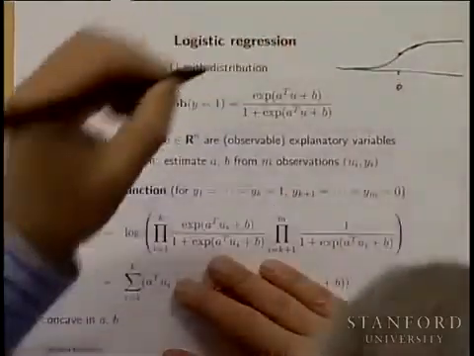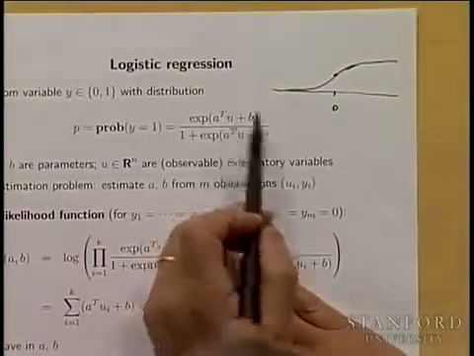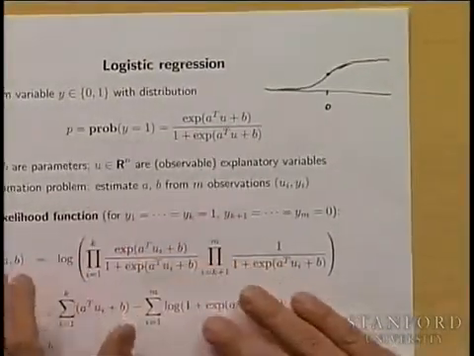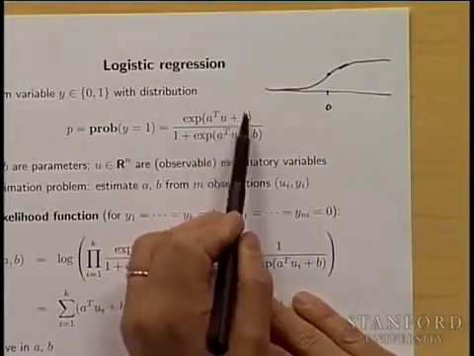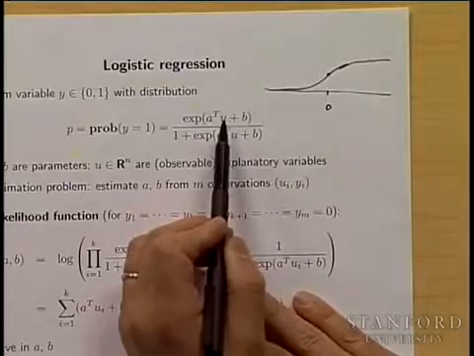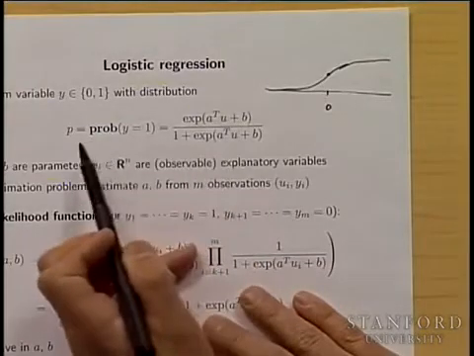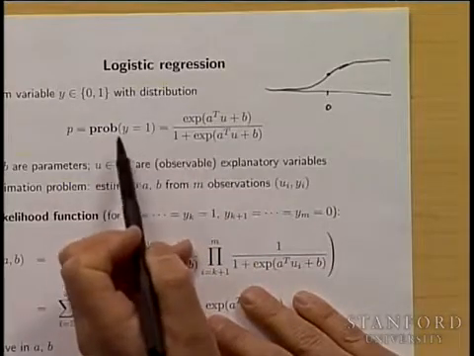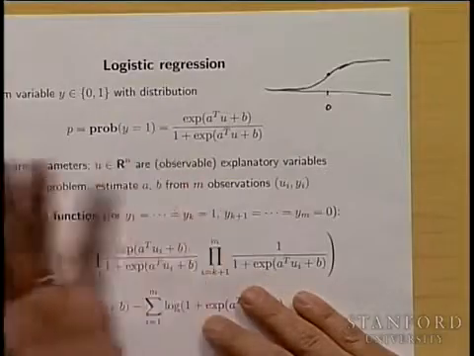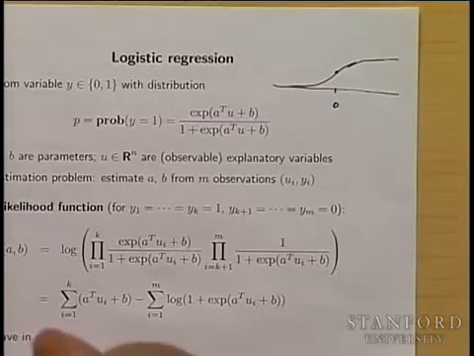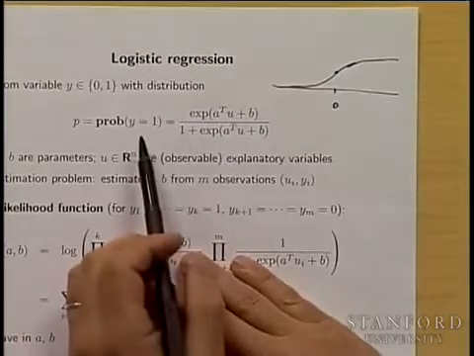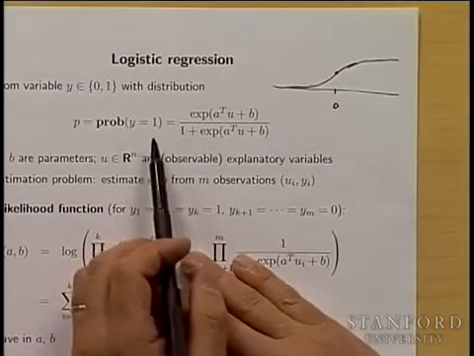So that's 0. Let's take a look at this. For now, just treat a transpose u plus b as a number. If this number is 0, that's the equiprobable point. It says that the probability that y is 1 is half. If a transpose u plus b is like 2 or 3, then y is very likely, but not perfectly certain, to be 1.